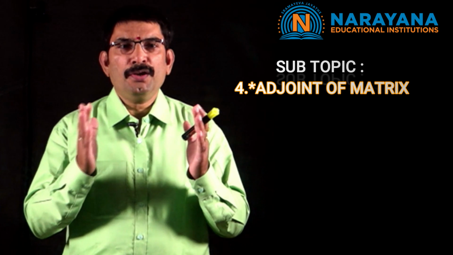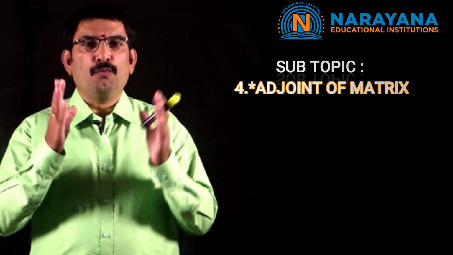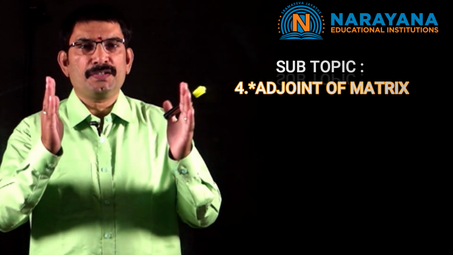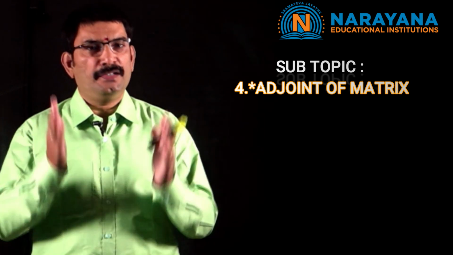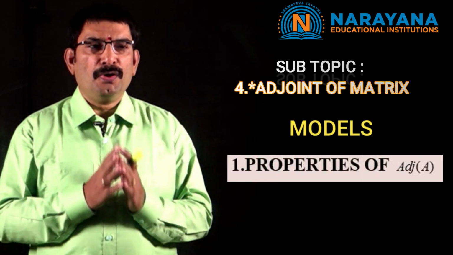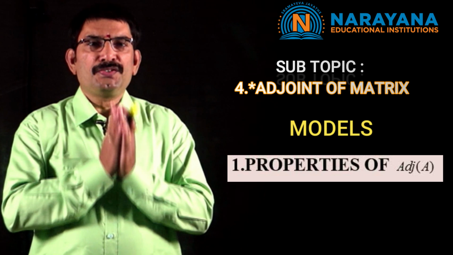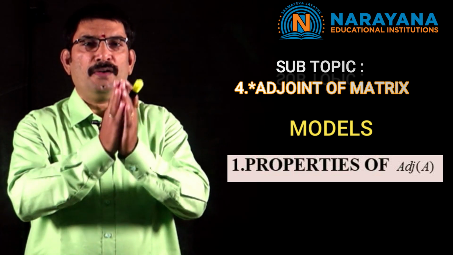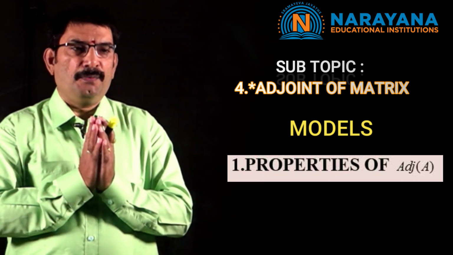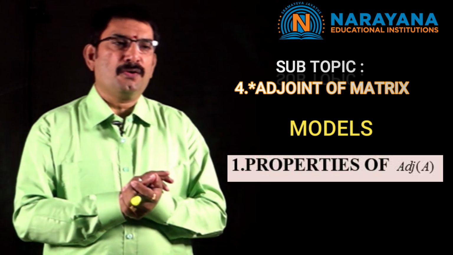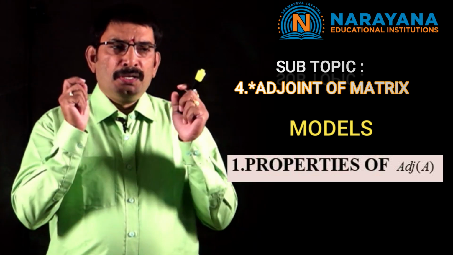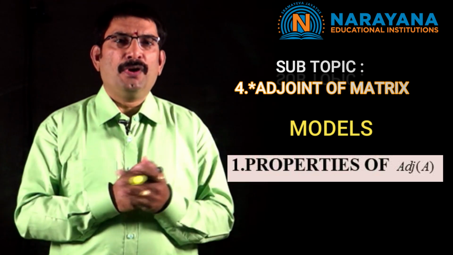In the adjoint of a matrix, this is one of the important discussions that starts in matrices and determinants. The adjoint of a matrix is defined on what? That is, square matrix specially. So here we come across properties of adjoints, and meanwhile we come across invertible matrix.